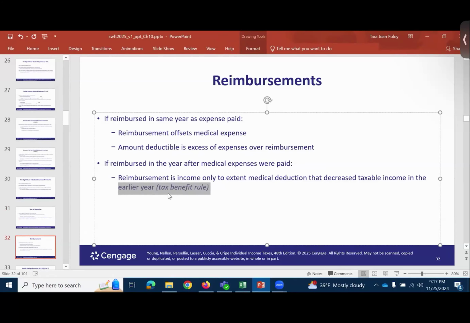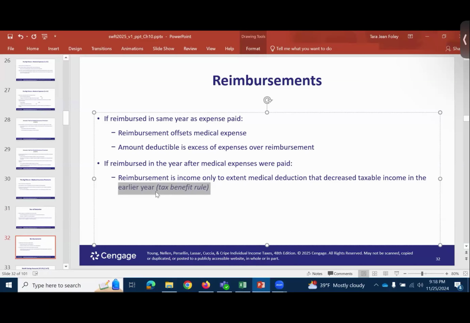So if I paid some medical bill and I put it on my tax return, I deducted that, it lowered my income, which lowered my taxes.